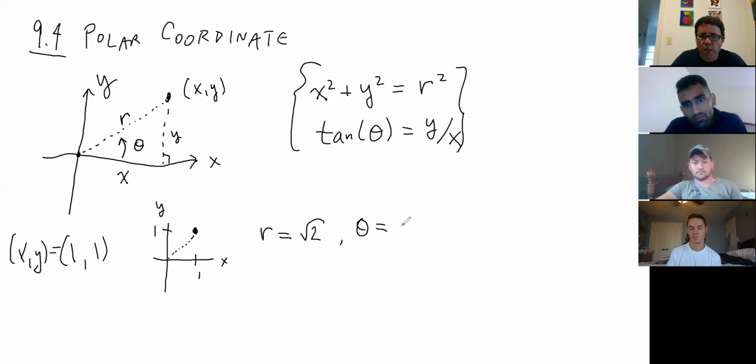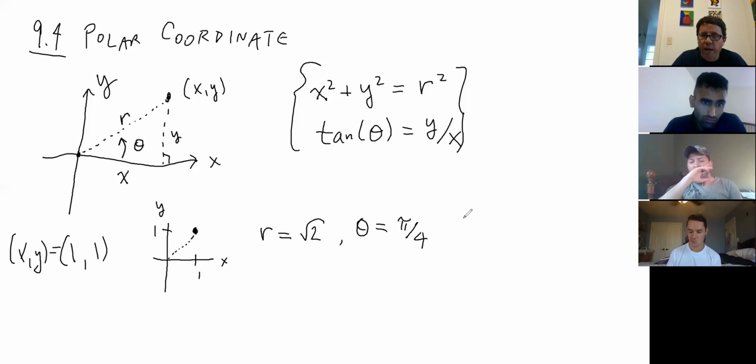But we're not going to use degrees. So just take your calculator and put it in radian mode from now on, at least in math classes. So the angle there is 45 degrees, which is pi over 4 radians. Those two numbers would describe that point.